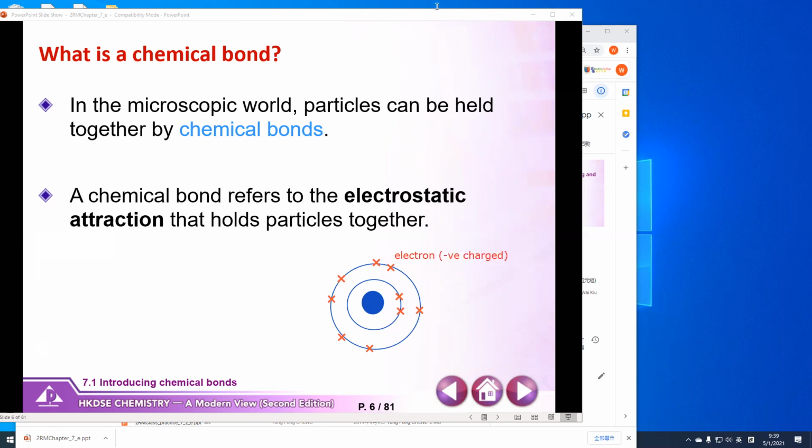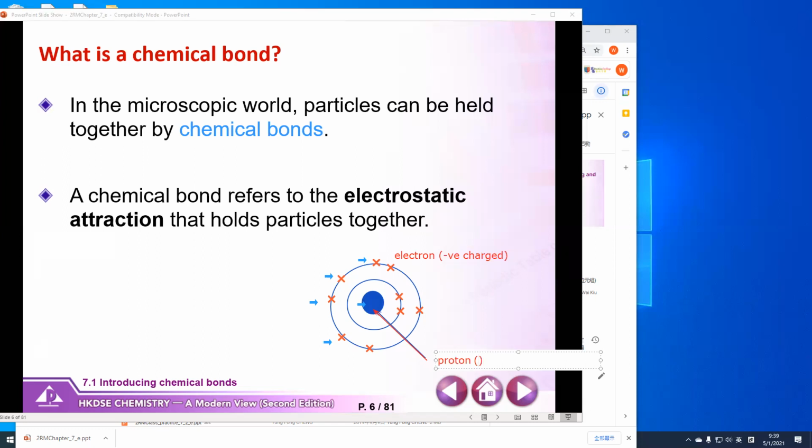These electrons. Take a look. Electrons. These electrons, they are negatively charged. How about the neutron, proton? In the proton, we have positive charge.